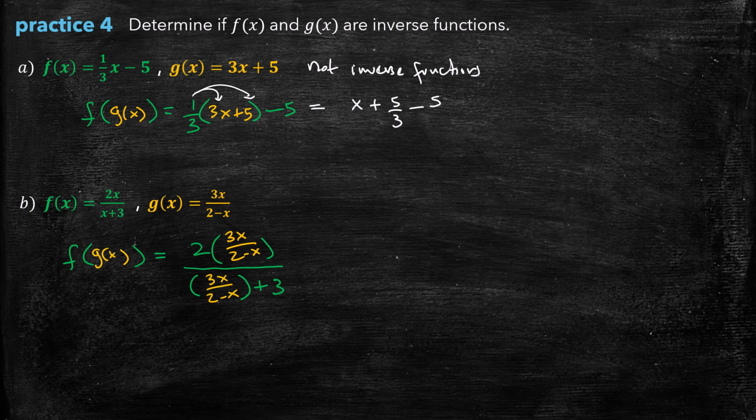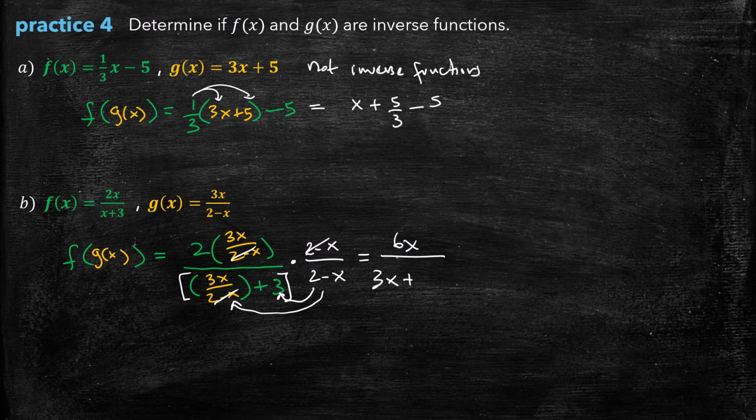And with a complex fraction like this, it's easier just to wipe out the denominators by multiplying the top and bottom by 2 minus x over 2 minus x. That will cancel to leave us 6x on the top. And we have to be careful here when we distribute. The 2 minus x will certainly cancel with that 2 minus x, but it's also got to multiply by the 3. So we get 3x plus 3 times 2 minus x.